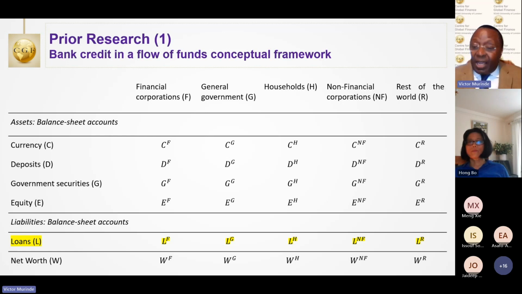The identity of any commercial bank is basically equity plus deposits translates into loans and the purchases of securities. So any of these resources should be intermediated, should be translated into further loans into the various sectors of the economy.